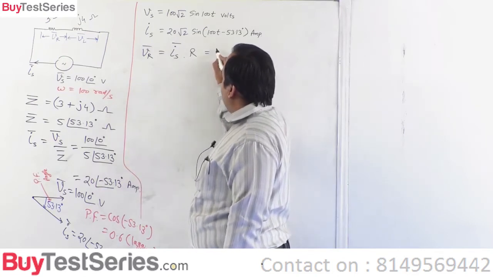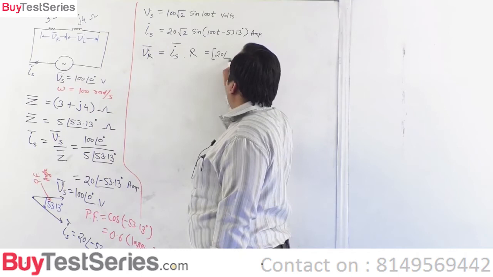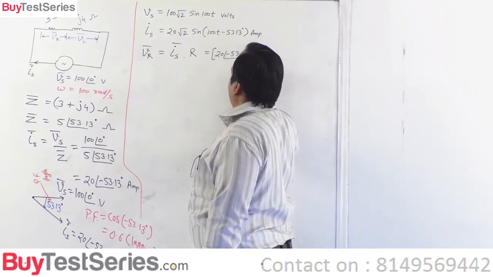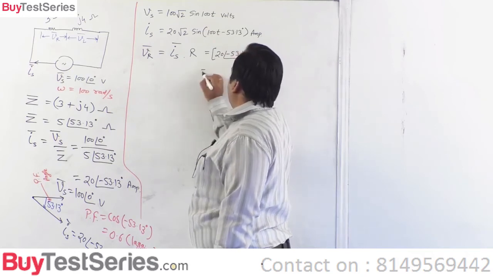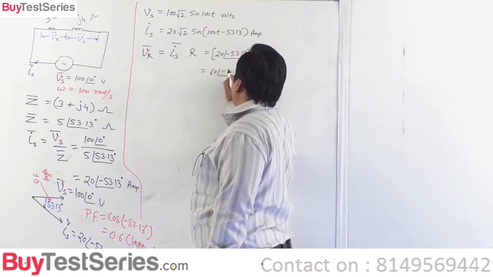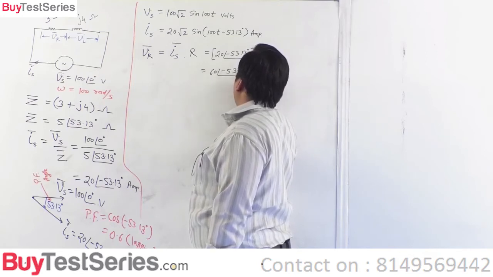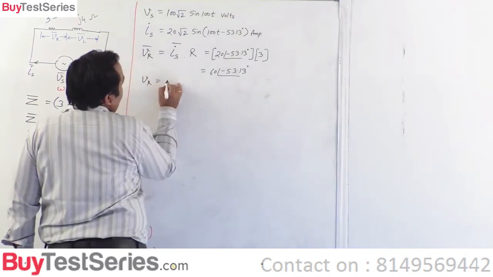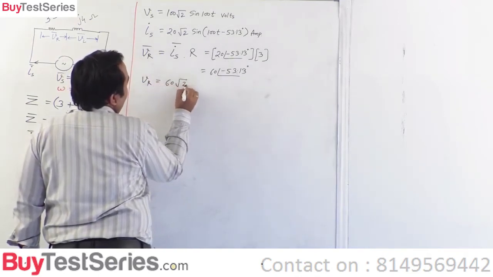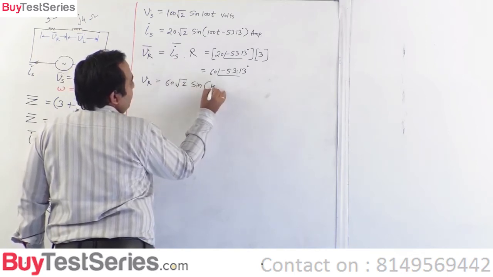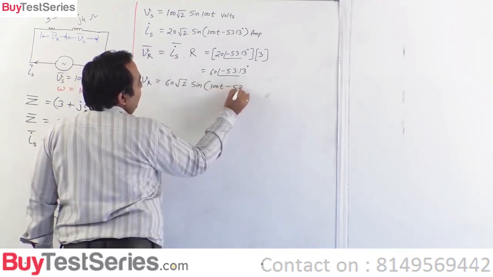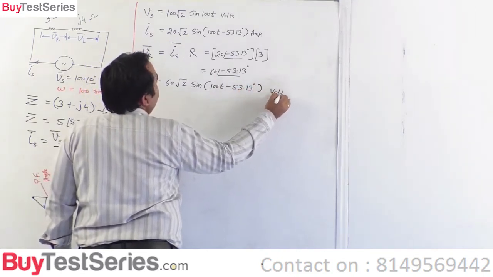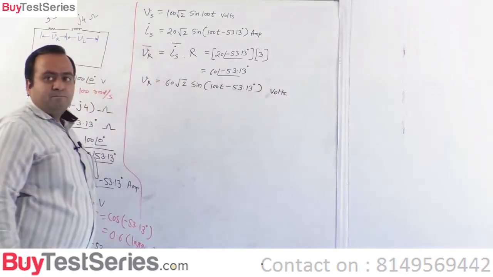So it becomes 20 angle minus 53.13 into the resistance, which is 3 ohms. So it becomes 60 angle minus 53.13 degrees. So VR as a function of time can be written as 60 root 2 sine 100t minus 53.13 degrees volts. Is this okay?